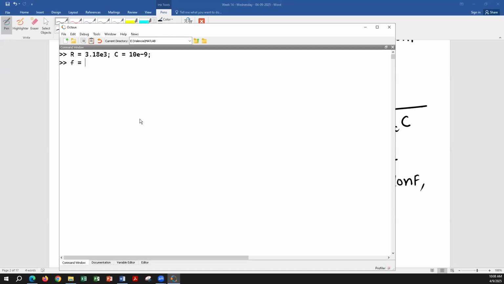So if you take the first value to be 0 for the frequency, whether it's omega or f, it's going to generate a warning. It's not going to give an error, it's going to plot it, but it's going to generate a warning. And same thing goes in PSpice, it's going to generate a warning because log of 0 does not exist for the x-axis, that is.